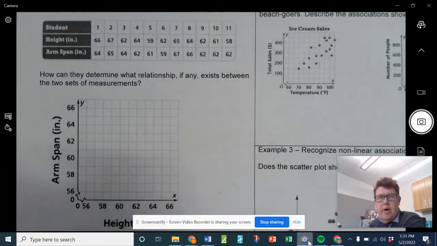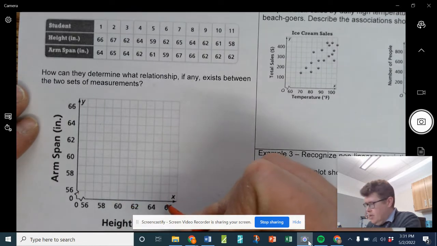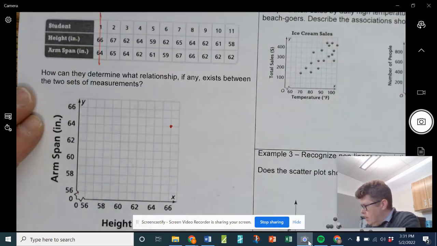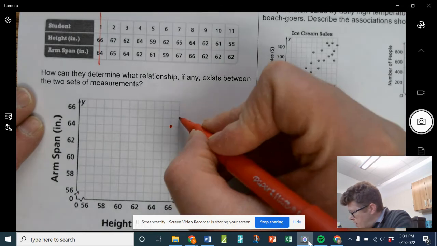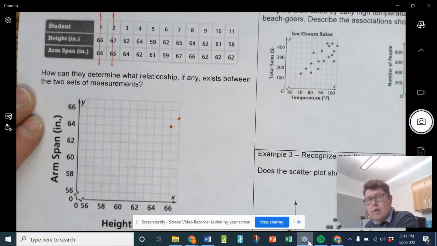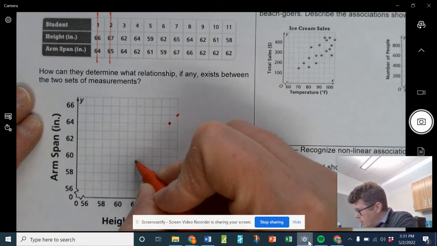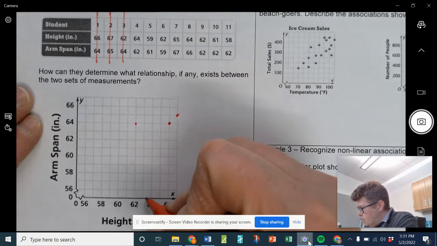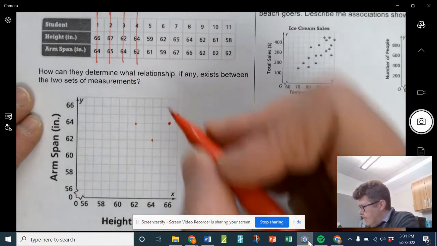So student number 1 has very similar height and arm span, 66. Let's see, height is right here. You have 66 versus 64. So that's student 1. Okay. 67 and 65. So right here. Okay. 62 and 64. 64 and 62. 59 and 61.